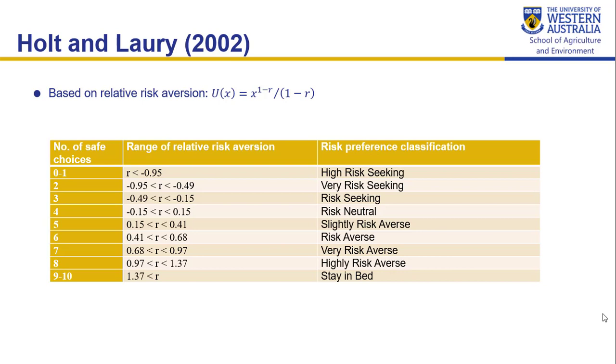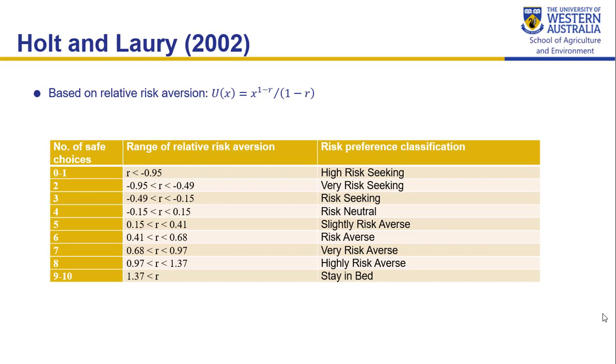So the authors have analyzed the data and estimated the expected utility from different gambles, and based on an expected utility function, they have estimated the range of relative risk aversion. If someone has selected only one or none safe choices, they are highly risk seeking.